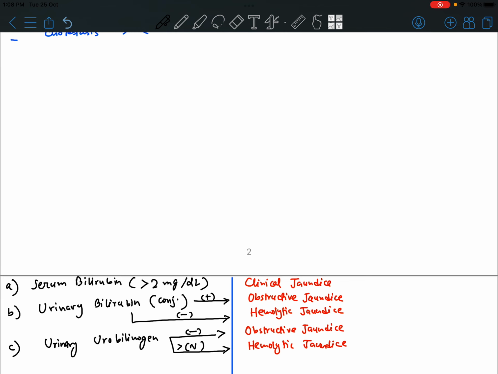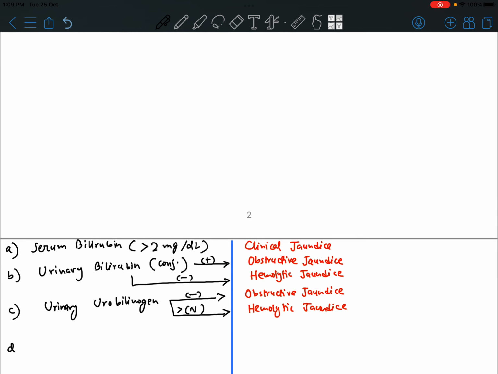Okay. Next we have serum proteins. Serum proteins like albumin, if it's decreased, it's suggestive of a liver disease.